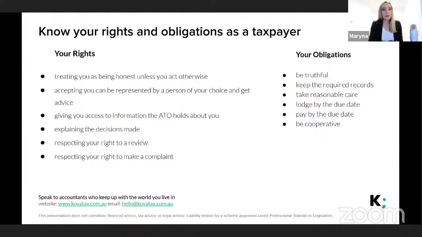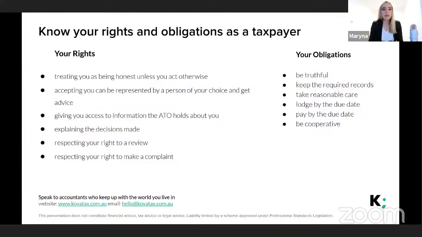But when it comes to rights, what exactly do you have as a taxpayer? The ATO must treat you as an honest person until otherwise, and they have to accept that you may have a choice to have a tax agent or another tax professional represent you. And this is a great thing.